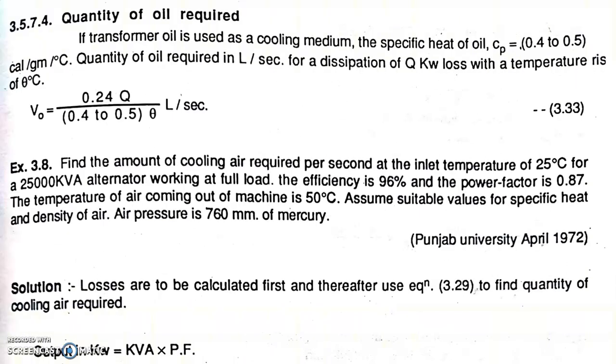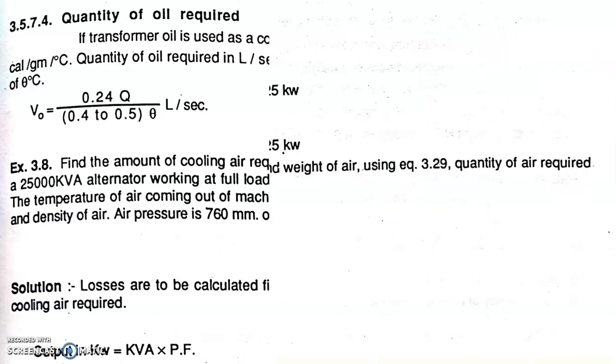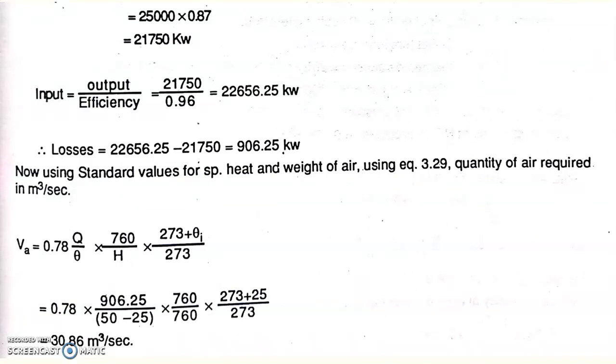For that, first of all we have to calculate Q, that is the loss. How to calculate it? We know the efficiency. Calculate the output power in kilowatt, which equals kVA into power factor. So you will get the output power as 21750 kilowatt. Now we know the efficiency and the output, so just calculate the input value.